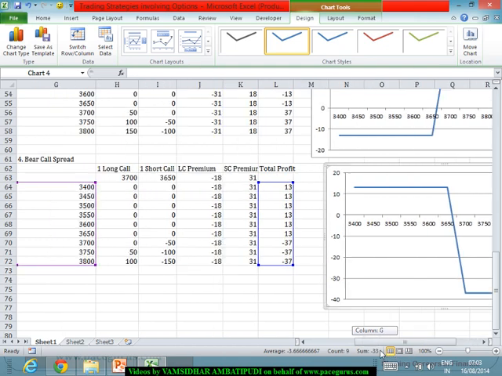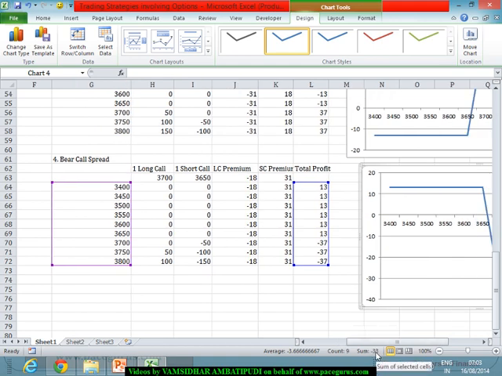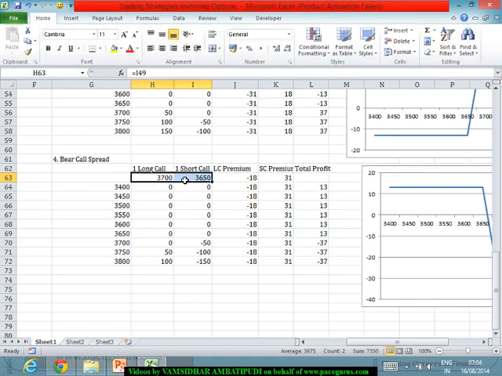So even in case of these bear call or bear put kind of strategies also, what we are seeing is both the upside profit potential as well as the downside risk are typically getting minimized. There is a limit in which the profits as well as the losses are operating, and what we could see in all these cases is the limit in which the profits and the losses are operating is equal to the difference between the two strike prices, 13 and minus 37 here.